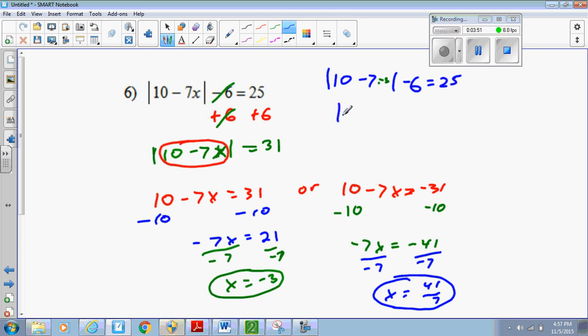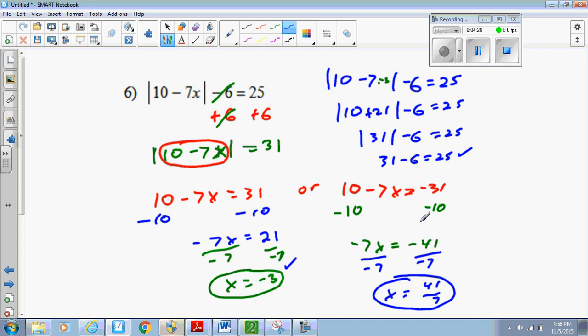The absolute value of 10 minus a negative, because this is going to be minus negative 21, so 10 plus 21, minus 6 equals 25. This becomes the absolute value of 31 minus 6 equals 25. So 31 minus 6 equals 25, which is true. That means negative 3 is a solution.